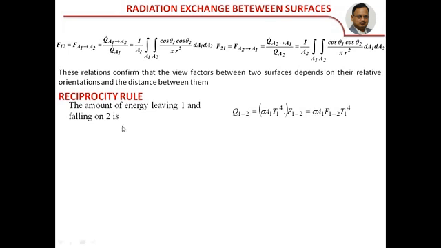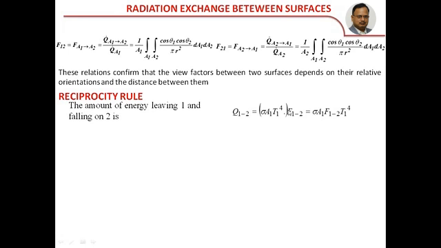In simple terms, let us assume the amount of energy leaving body 1, whose temperature is T1, and falling on 2 is sigma A1 T1 to the power 4 into the shape factor F12.